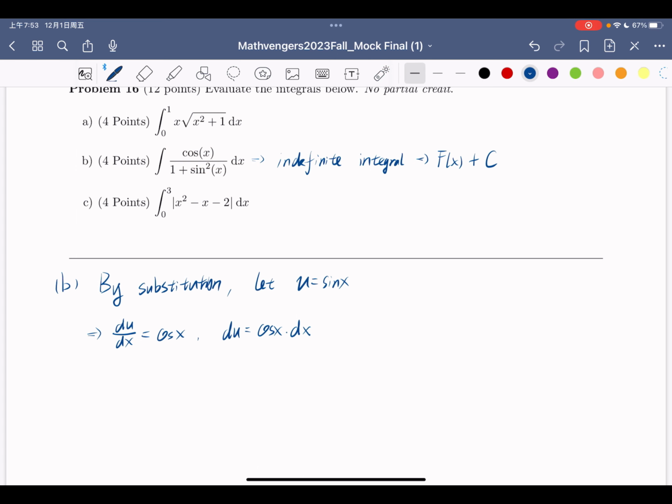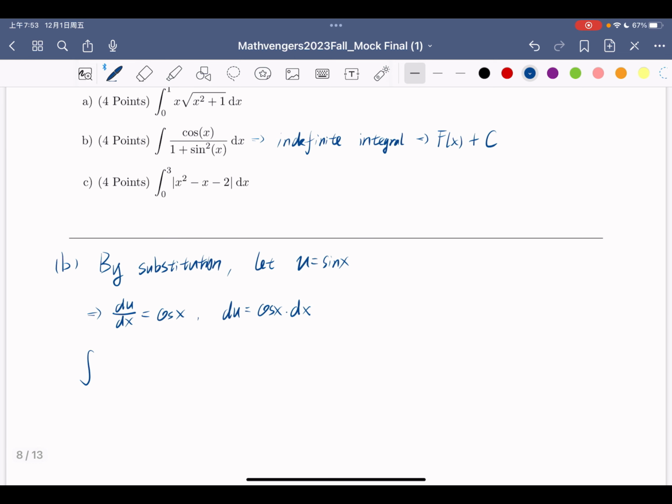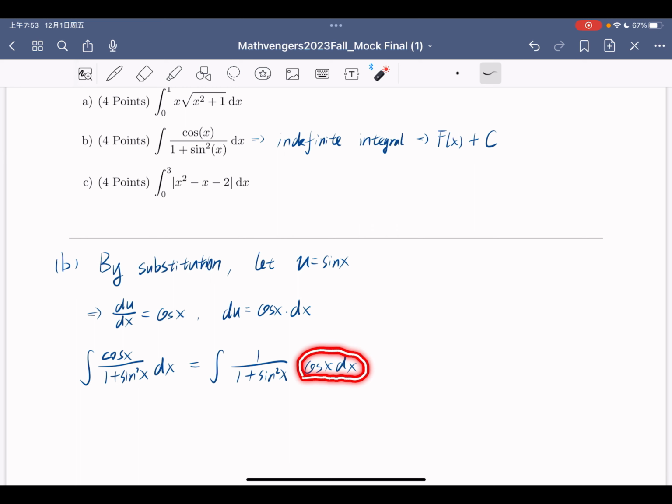So let me rewrite the integral of cosine x divided by 1 plus sine squared x dx, which is equal to, one more step, 1 over 1 plus sine squared x times cosine x dx. I just want to show that we can change cosine x dx into du. So this becomes the integral of 1 over 1 plus u squared du.